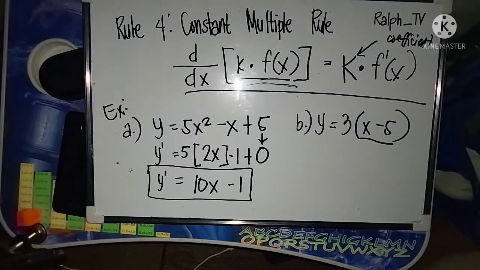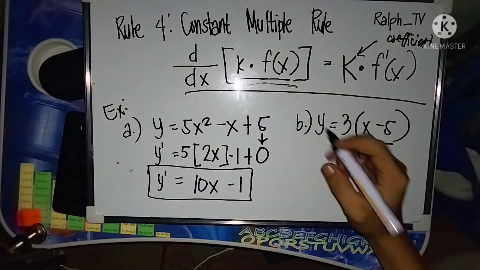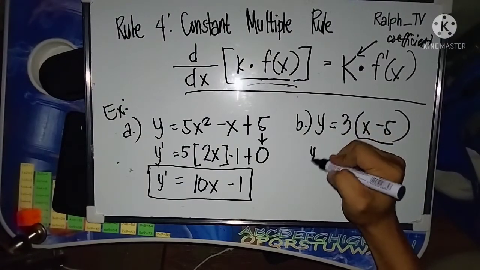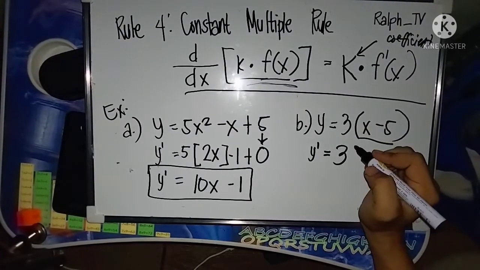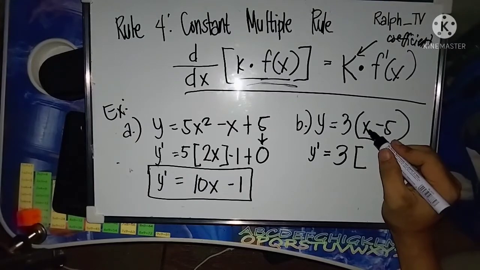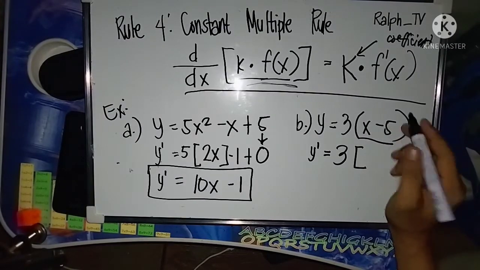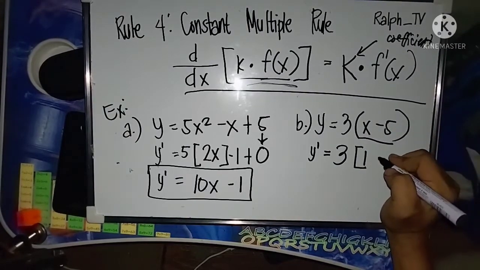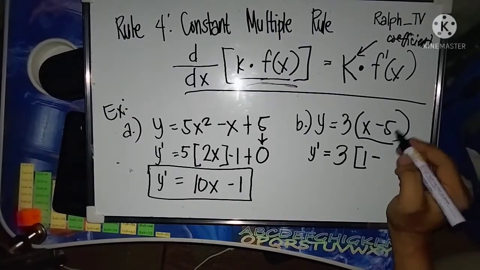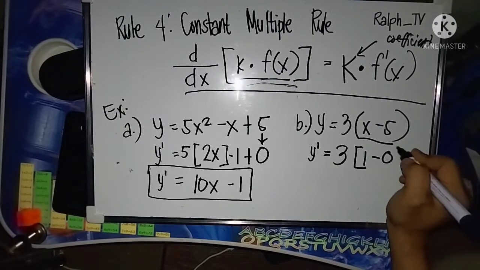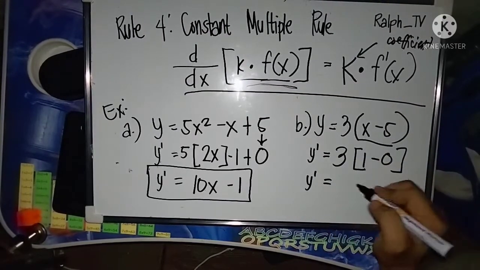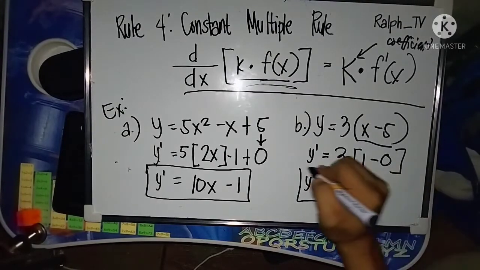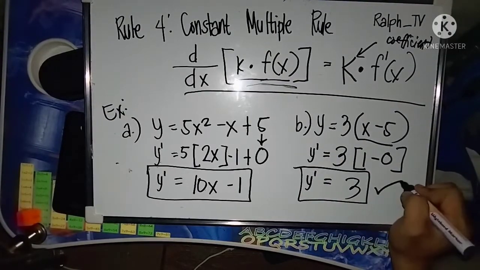Like super easy pag inyo ito may encounter. So we have derivatives of y is a y prime is equals to, copy yung 3. So we have derivatives of x, which is 1, minus derivatives of a constant is 0. Yan. So, the y prime is equals to 3. So, yan na yung answer. Di ba napakadali?